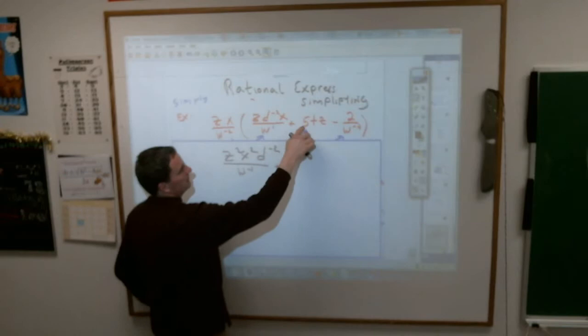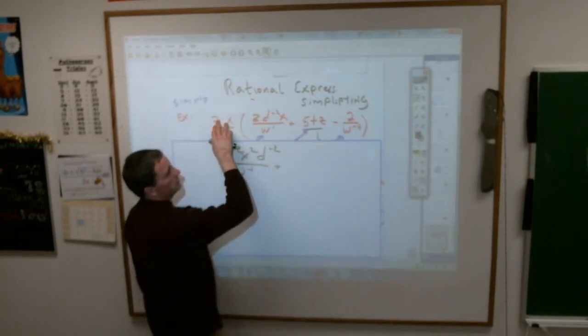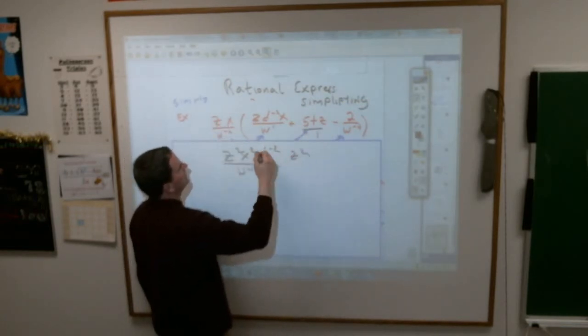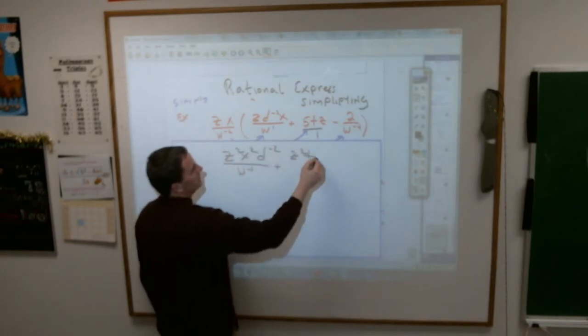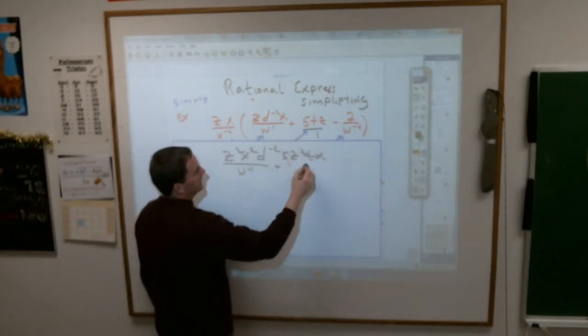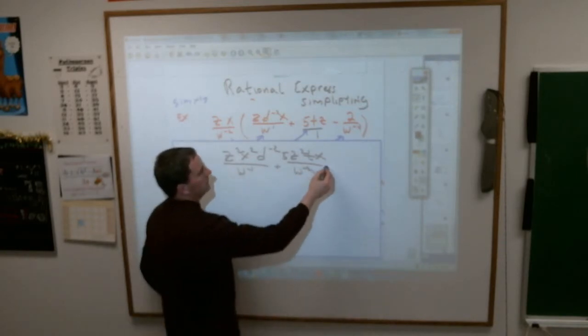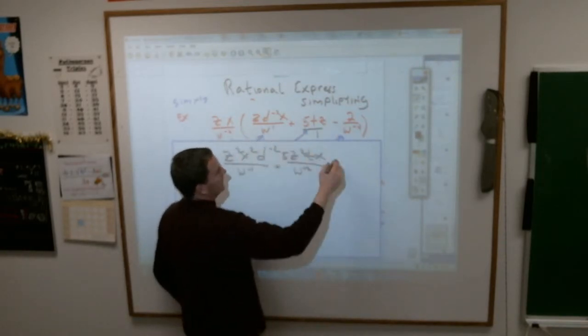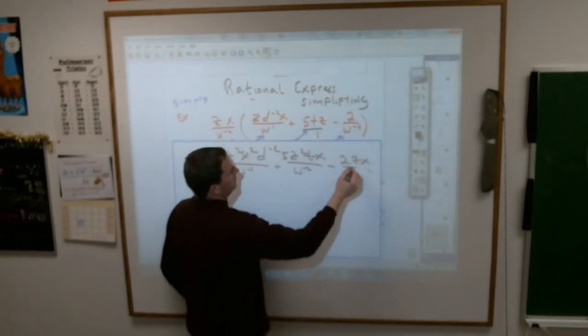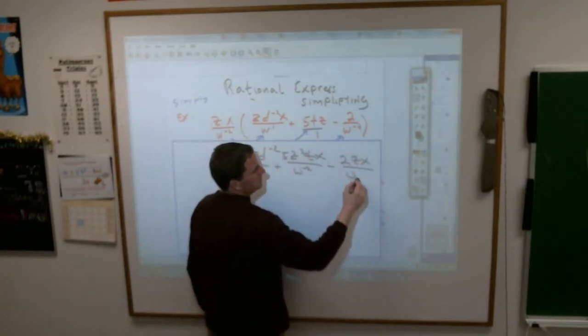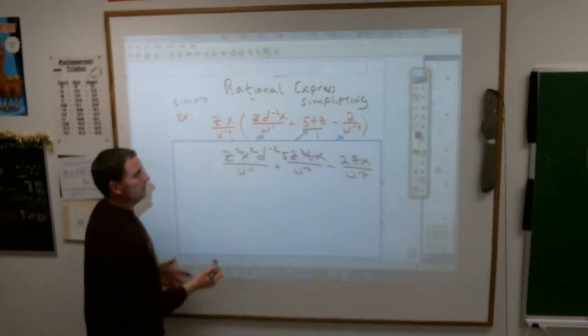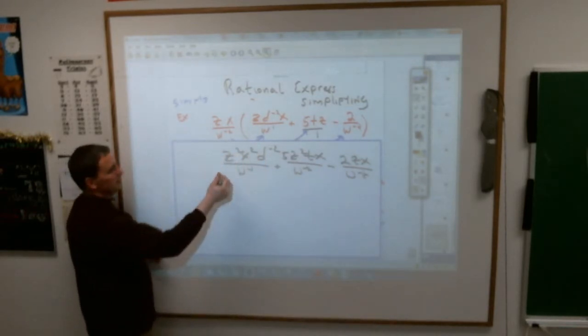Over here, you put this over 1, so it's a fraction. You get z squared times 5x, and then on the bottom you get a w to the negative 2, correct? And then over here you get 2 times zx, which is 2zx, and then on bottom you get w to the negative 6 power.